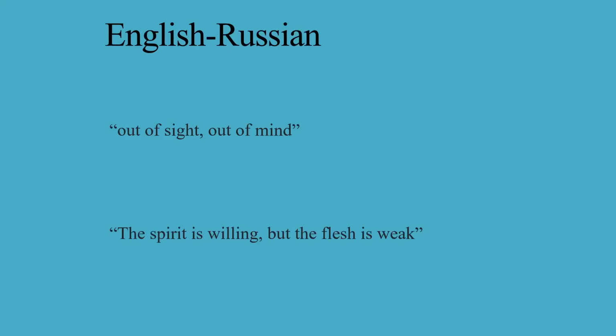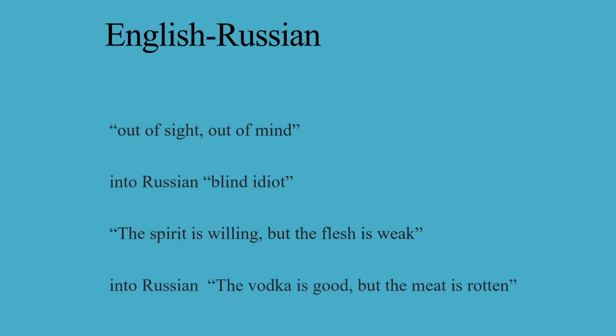And they found the final English translation was kind of ridiculous. For example, out of sight, out of mind, into Russian, and then back translated into English, like this: blind idiot, because out of sight means blind, out of mind means idiot. So the next example they ask the machine to do is, the spirit is willing, but the flesh is weak.